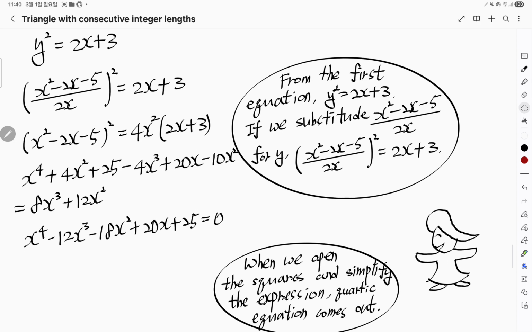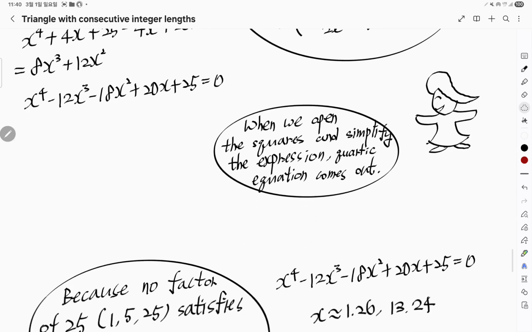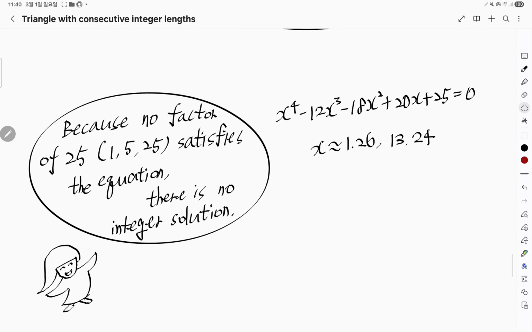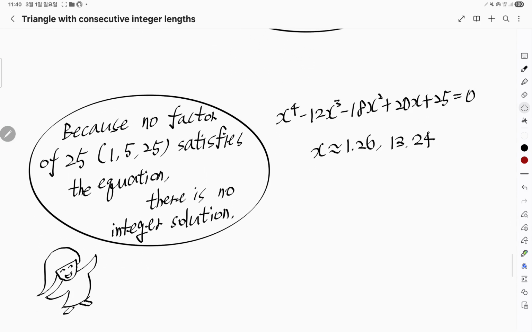When we open the squares and simplify the expression, a quartic equation comes out. Because no factor of 25 satisfies the equation, there is no integer solution. The actual value of x is about 1.26 or 13.24.